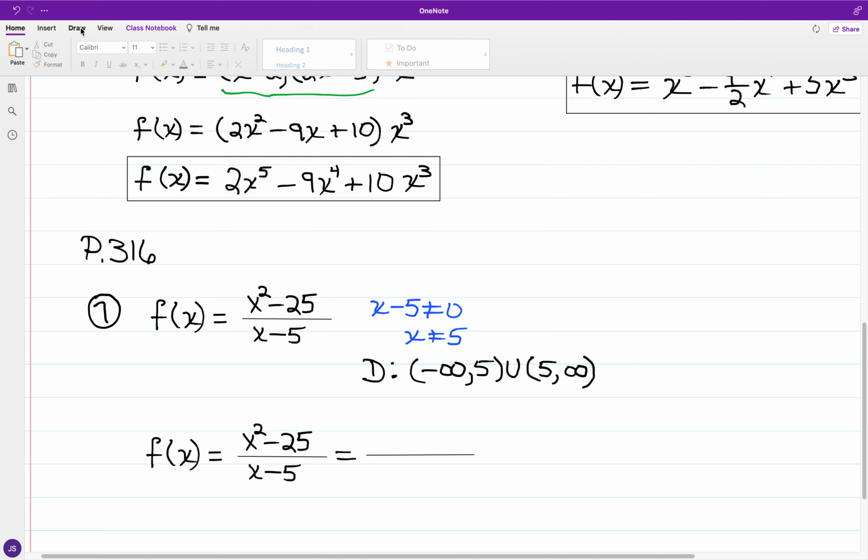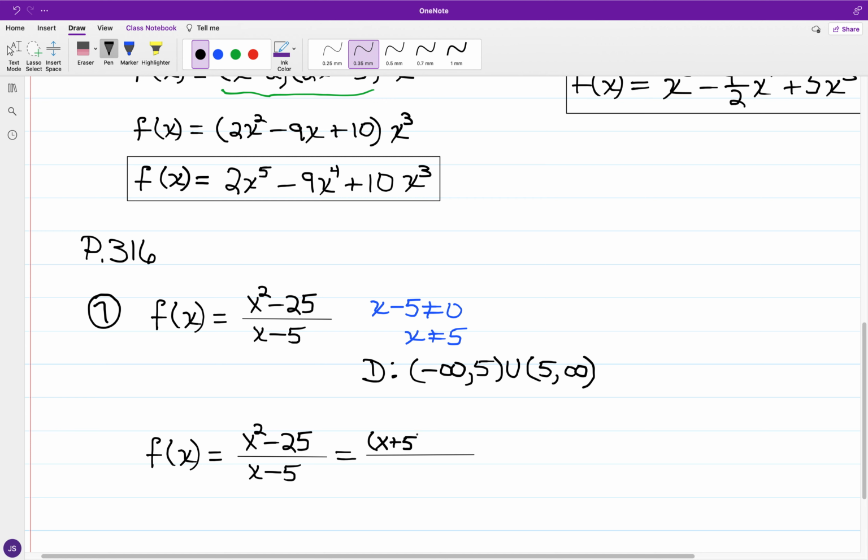And if I go ahead and write it in factored form, I have the quantity of x plus 5 times that of x minus 5, all over x minus 5. Guess what? We have x minus 5 in common. And for f of x, this ratio simplifies to x plus 5.